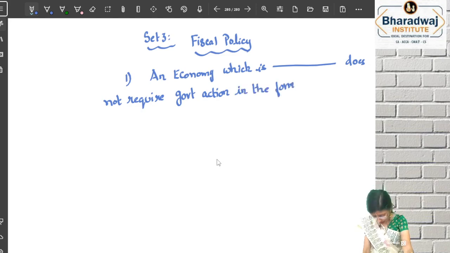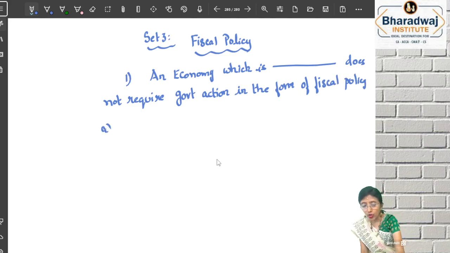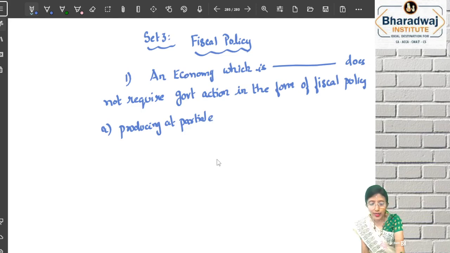So who does not require this fiscal policy? In fact, without options also you should know the answer, but still I'll give you the options. An economy that is producing at partial employment level. That is one option.